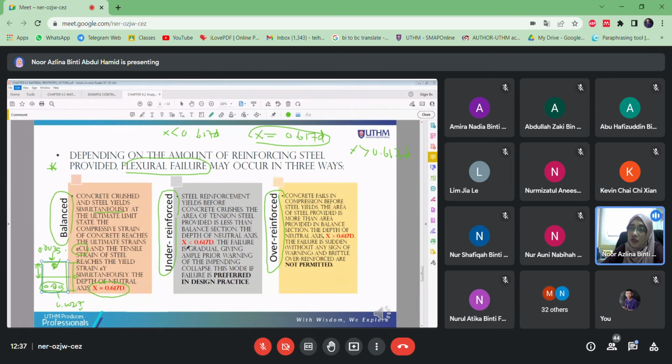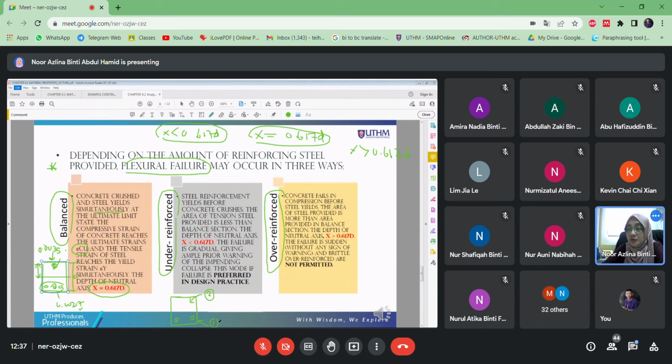Then for under reinforced, that means the X value is less than 0.617D. Whereas the balanced case is simultaneous, in under reinforced the steel will fail first, and then the concrete fails by crushing. It is not simultaneous.